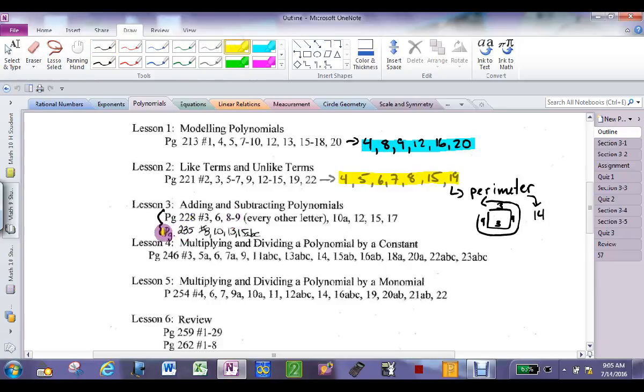235, I'm going to highlight because I want you to do all of it, because it's not very much. 228, I'm going to make some changes right now. I want you to do 3. I want you to do 6.